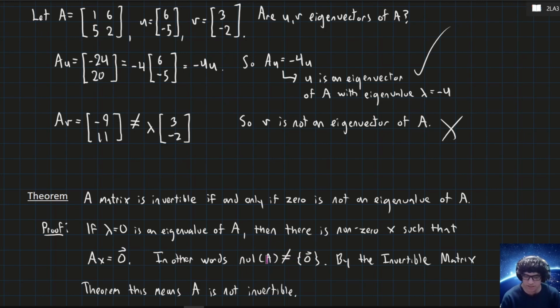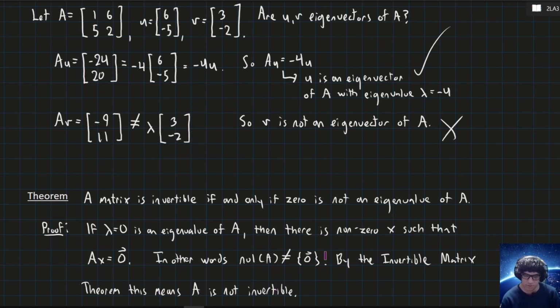If the null space is not equal to just the 0 vector, so there are non-trivial x's that satisfy this, which is true if 0 is an eigenvalue, then the other parts of the invertible matrix theorem tell me that A is not invertible.